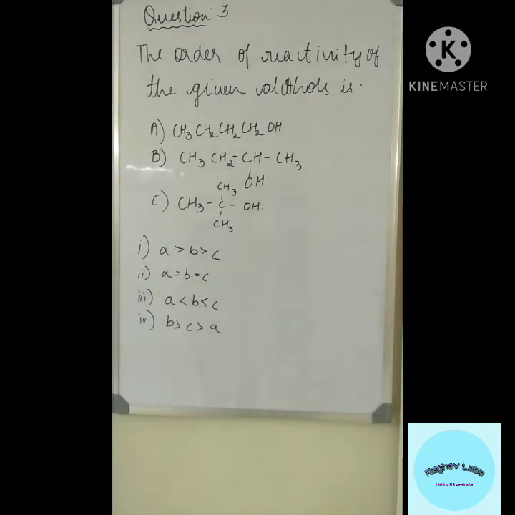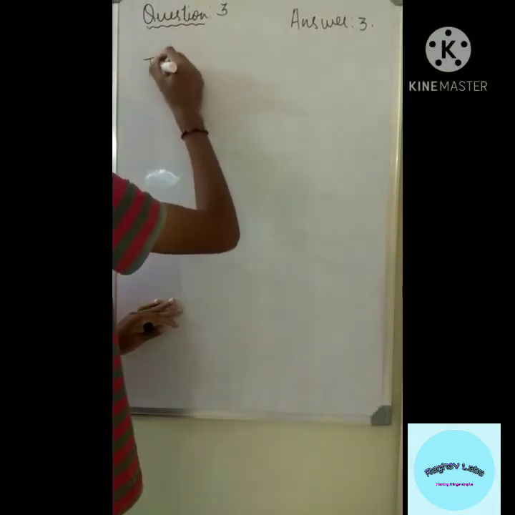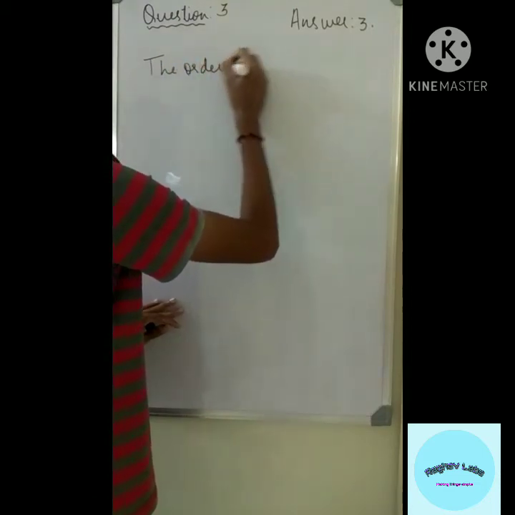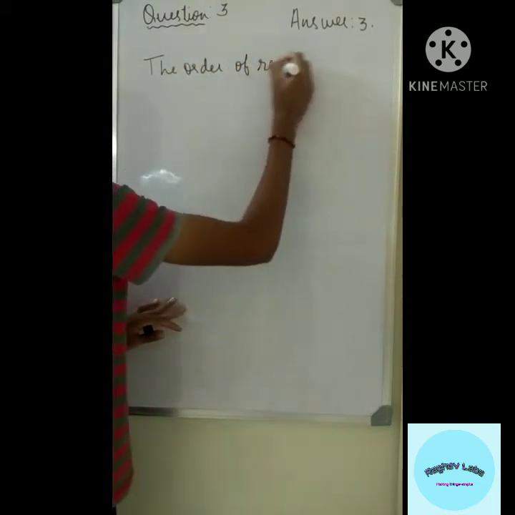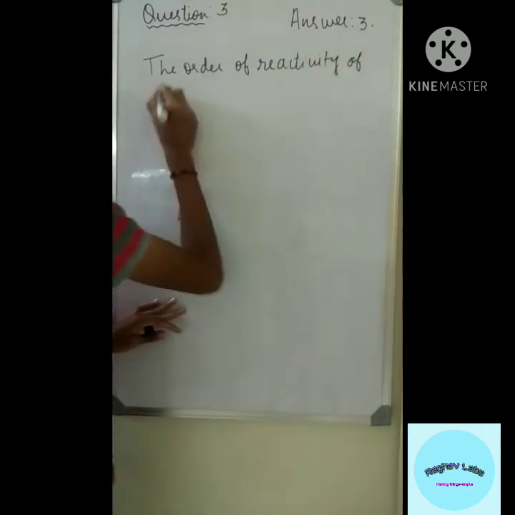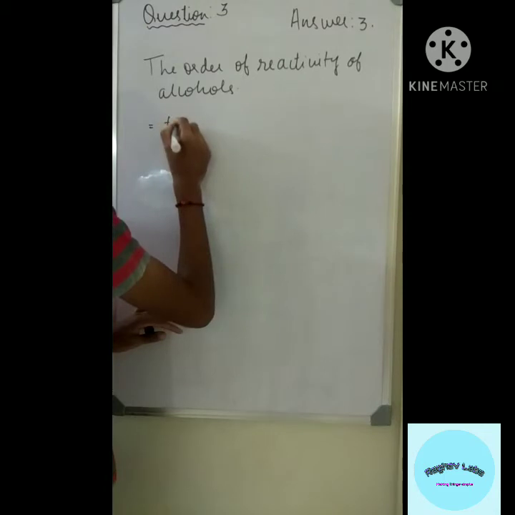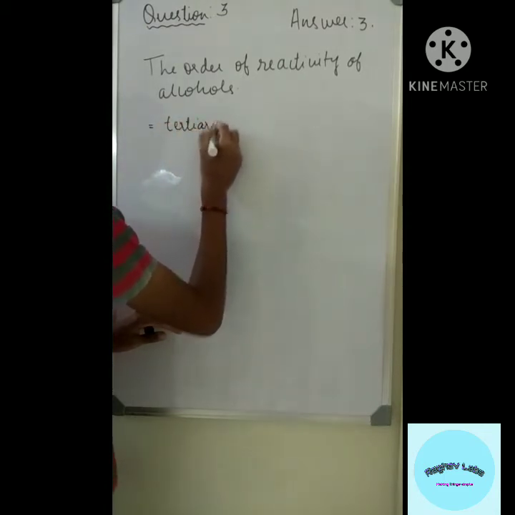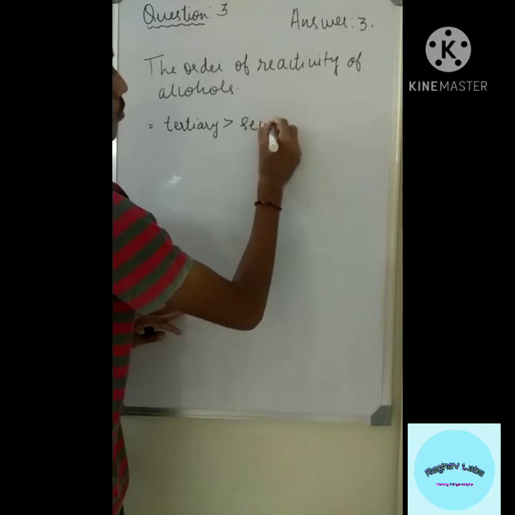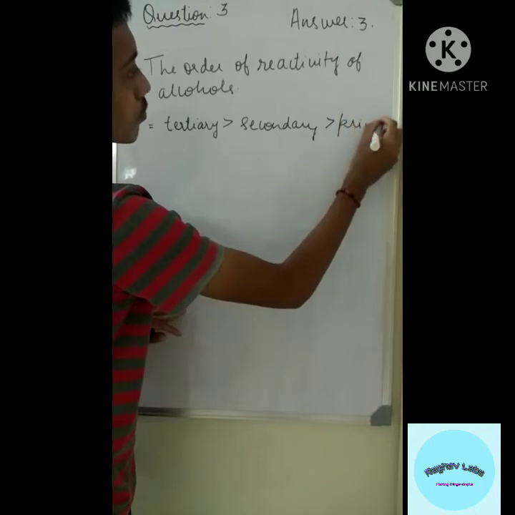The order of reactivity of the given alcohols is: the first is a primary alcohol, the second is a secondary alcohol, and third is a tertiary alcohol, right? We have the options also. The order of reactivity of alcohols is equal to, first comes the tertiary alcohols, which have the highest reactivity, next the secondary, and next the primary.